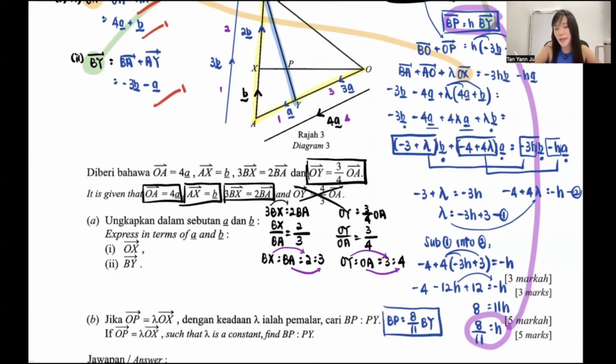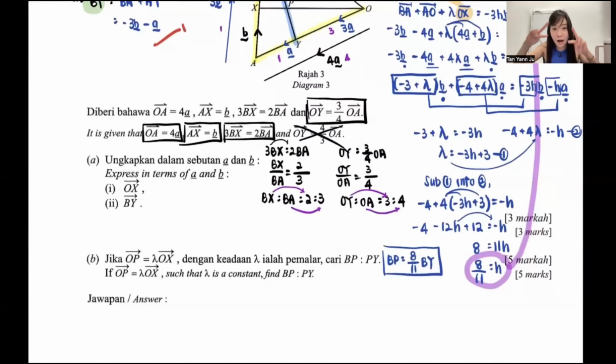BP equals 8 over 11 BY. So now make it a fraction. So BP over BY, move it over, divide by BY. So you see, my dear, once you make it a fraction again, then you know the top one ratio the bottom one equals the top one ratio the bottom one. So isn't it BP to BY ratio is 8 to 11?